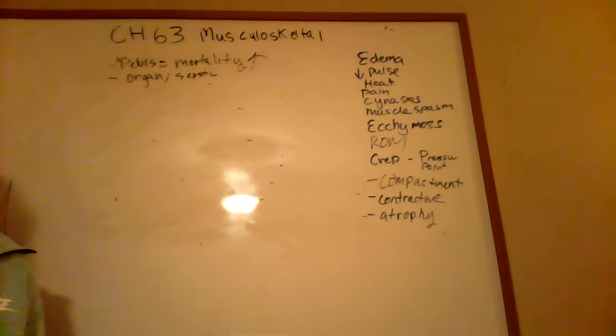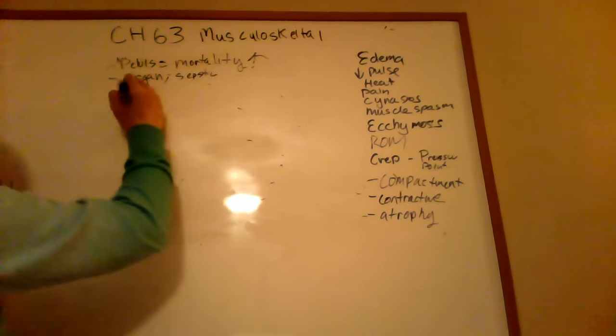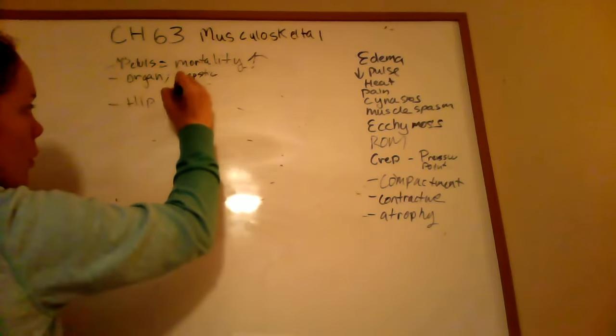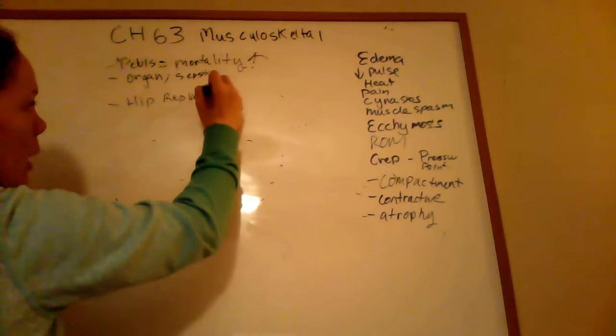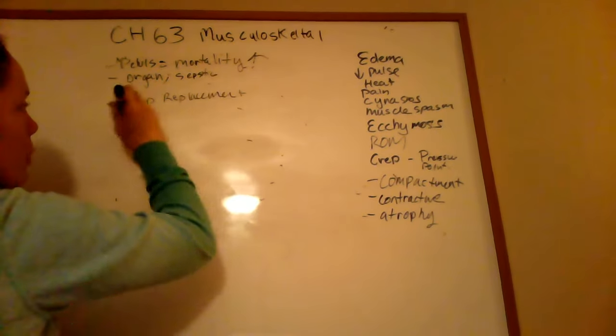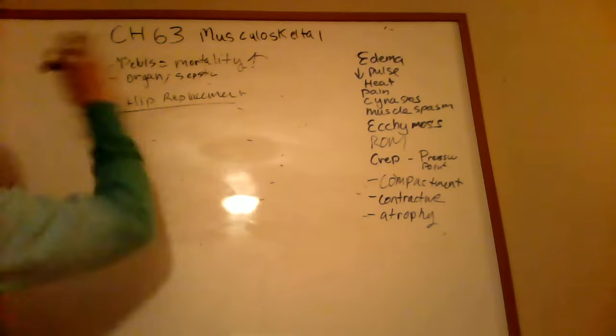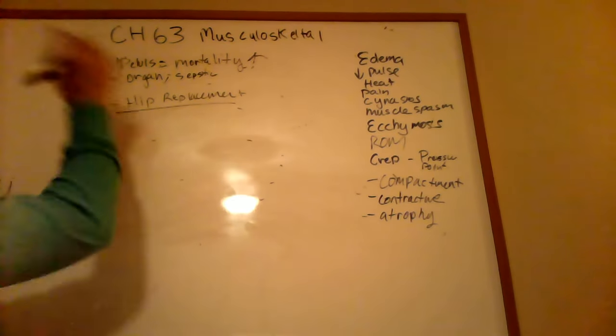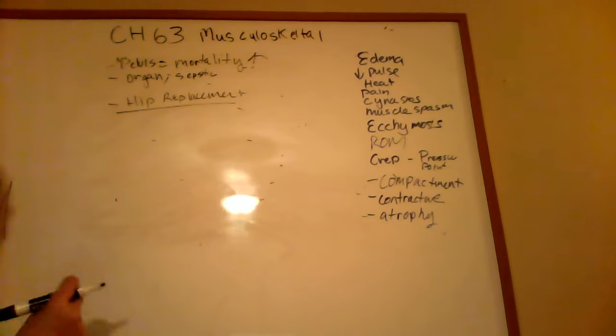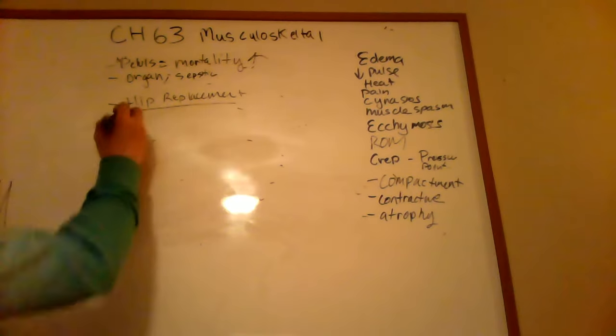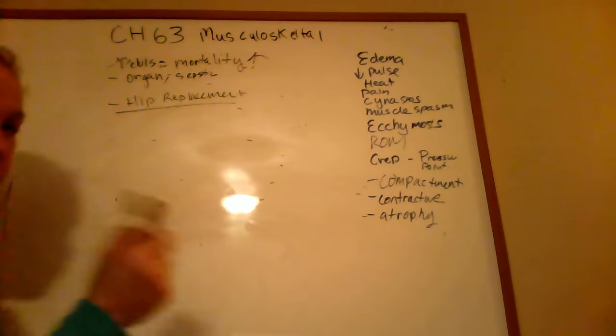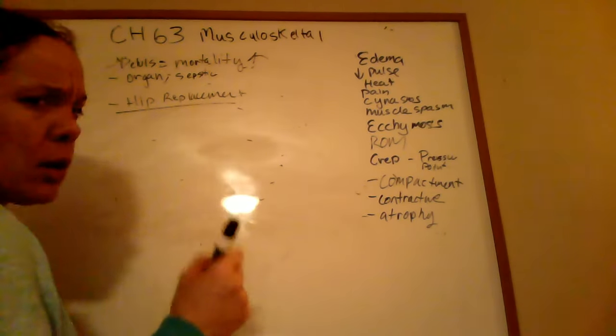Hip replacement. And I realize we're kind of jumping everywhere. Hip replacement, in the event that you need the hip replacement, let's say you have an issue, it was very traumatic, you have a pelvis fracture, and then the hip replacement, something happened with the hip. You've got to be really careful with this, because otherwise it will pop out.